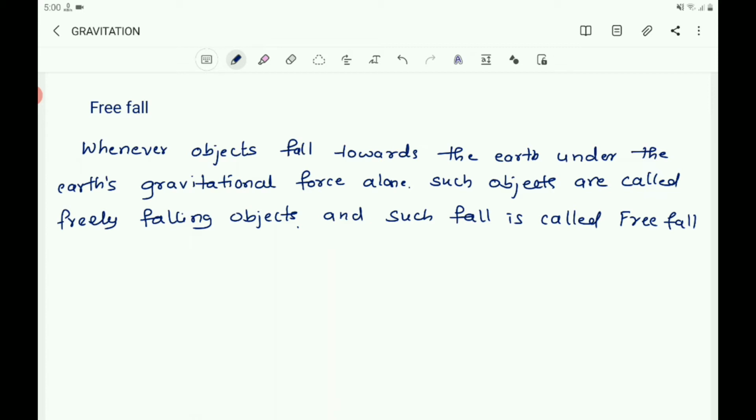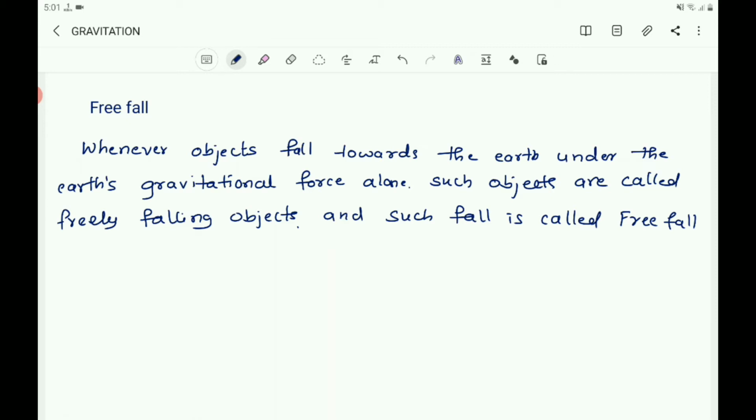And you know that there is a change in the velocity when the object starts to fall, and when it comes near the earth, its velocity becomes maximum. So, as there is change in the velocity, you can say that there is an acceleration. This acceleration is due to the earth's gravitational force.